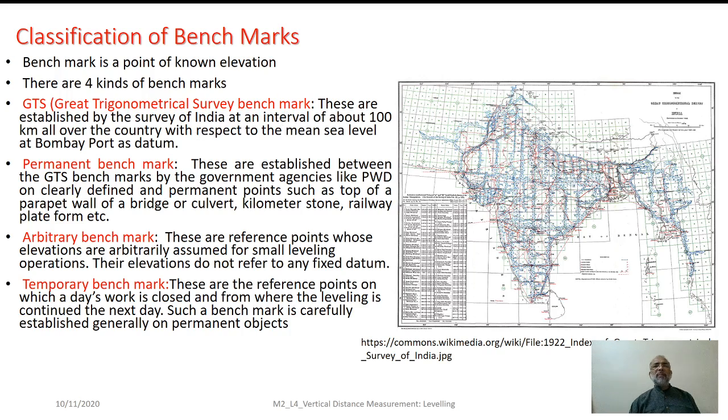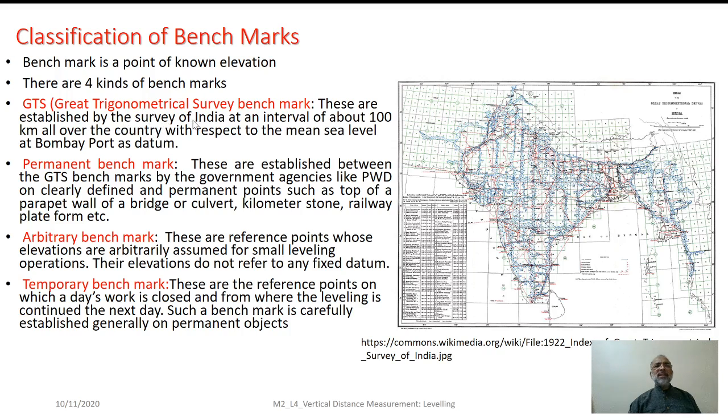The most important category of the surveys, like geodetic survey, that too the first order triangulation, needs to be referred and needs to be conducted in order to deal with the GTS benchmark.